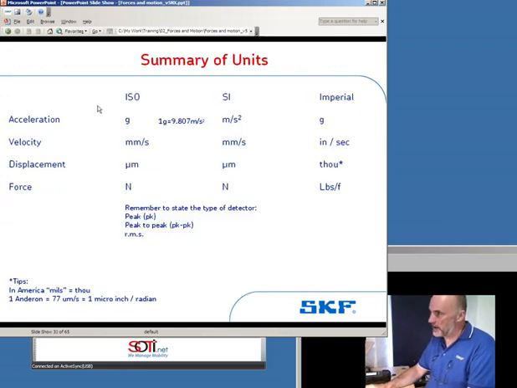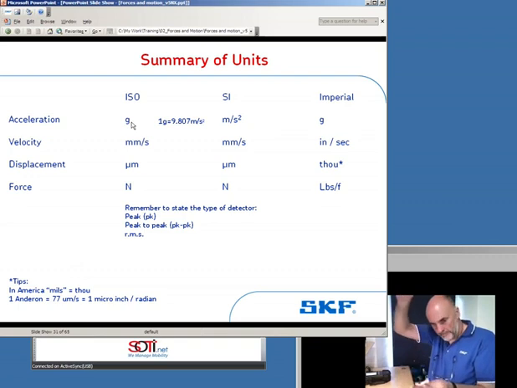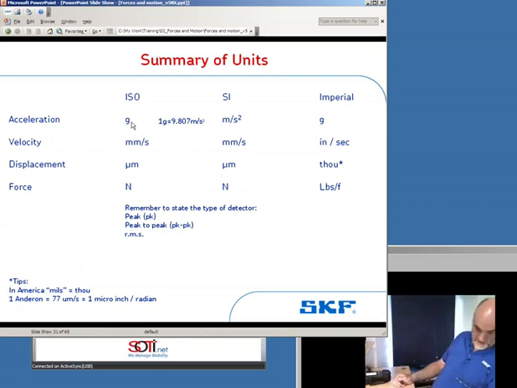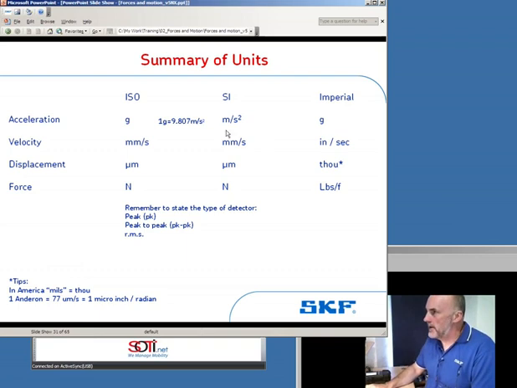Units, and summary of all of that. The unit of acceleration is the G, G being acceleration due to gravity. If you're working to SI units, you're going to use meters per second squared. Velocity is measured in millimeters per second in SI and ISO units.